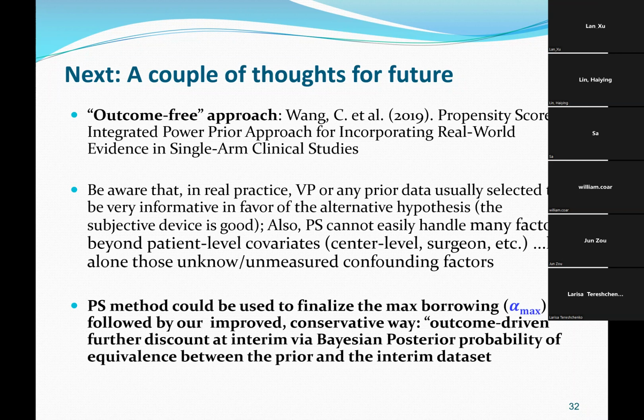But that approach will not control the alpha max, and cannot fine-tune alpha max. So sometimes it could still fall into the problem of over-inference from the external data set. But actually, in real-world practice, when sponsors select external data to be borrowed, usually they already know that the external data is in favor of the alternative hypothesis.